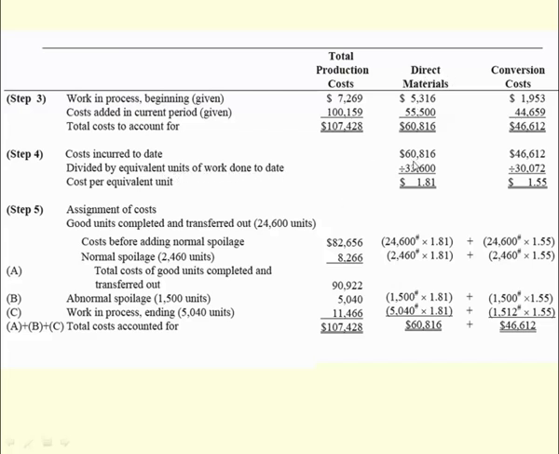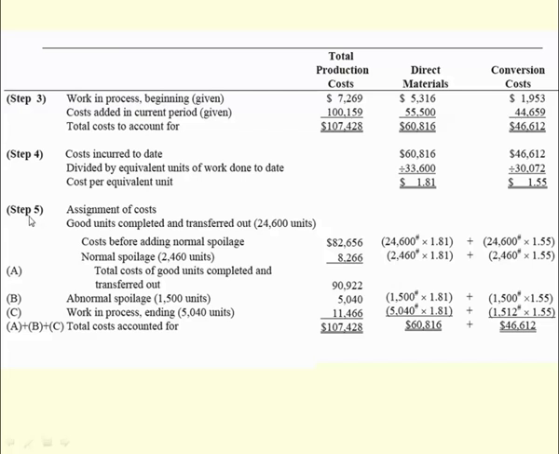Under direct materials, the number of equivalent units was 33,600, so 60,816 divided by 33,600 equals 1.81 as cost per equivalent unit for direct materials. Same for conversion cost. Total cost 46,612 divided by 30,072 units, which equals $1.55 for conversion cost as a cost per equivalent unit.